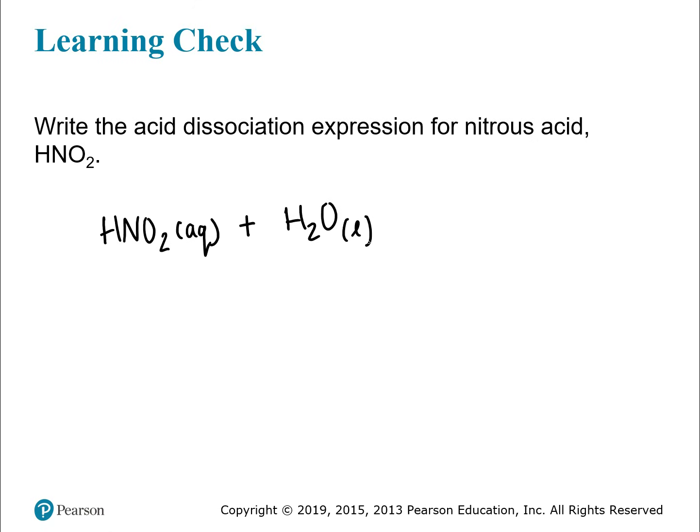And some of that water is going to react with the acid. We have our equilibrium arrows, one going in either direction. Acids always form hydronium and a conjugate base.